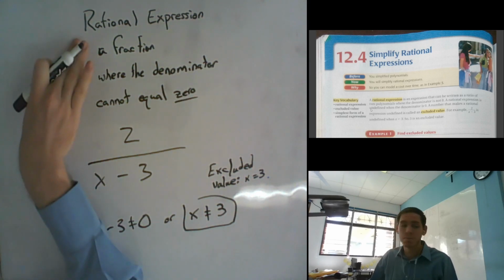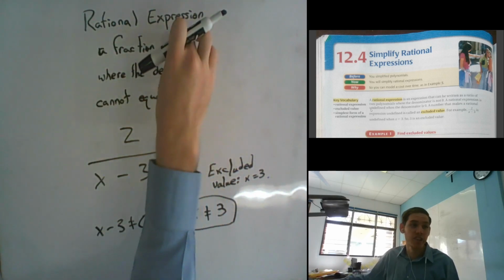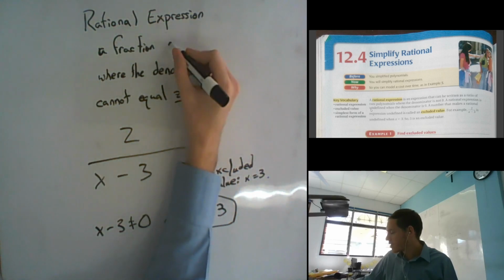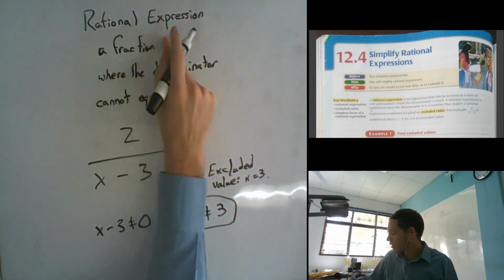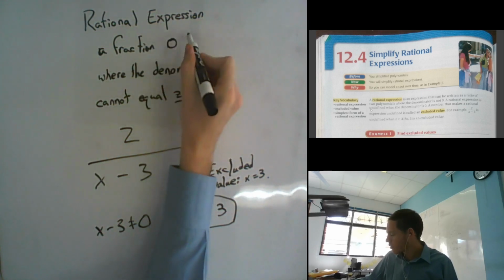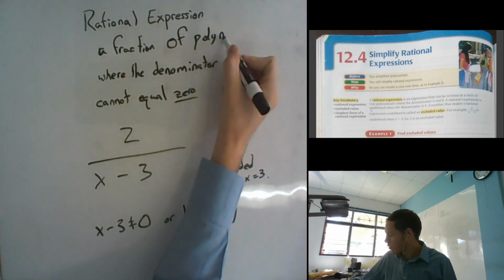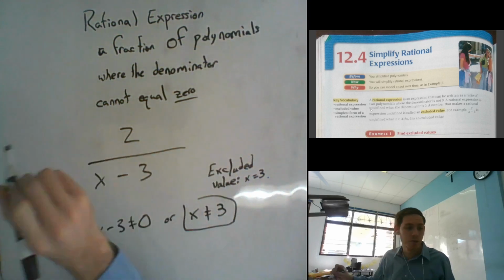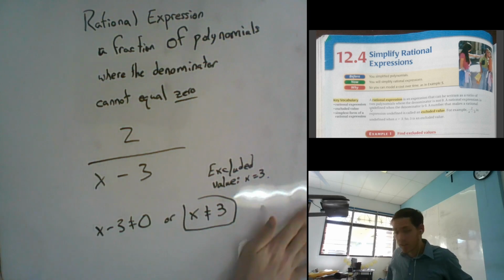So rational expression. This is an expression, not a rational number. Okay, so expression is a fraction of polynomials, okay? So it's usually going to involve x or y or some power of x.